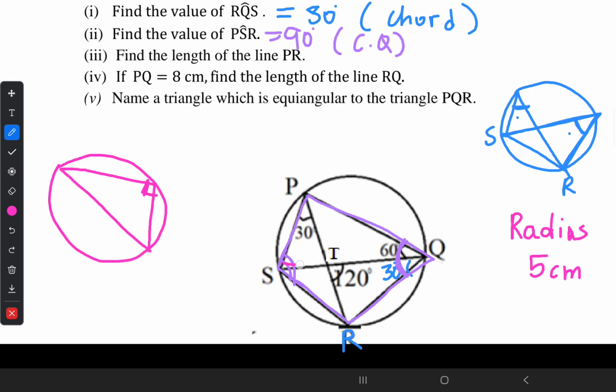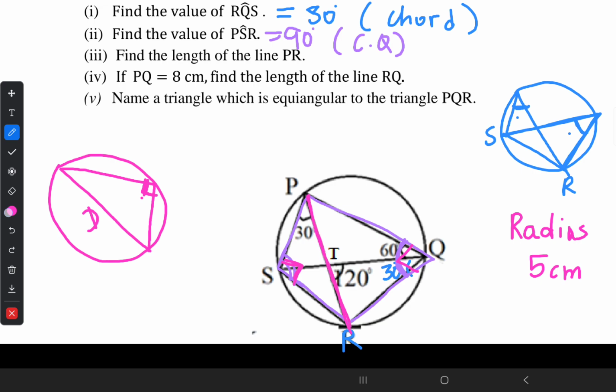Likewise, since this angle and this angle are both 90, we can conclude this total length is a diameter. If this is a diameter, this angle would be 90 degrees. In this case, the converse theorem. Since this angle is 90 degrees, this would be our diameter.